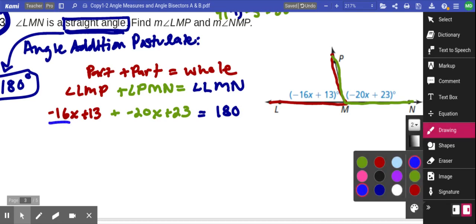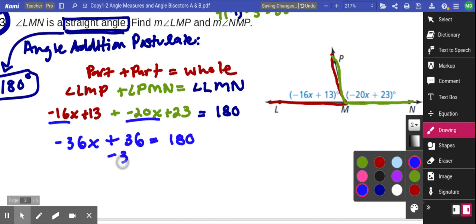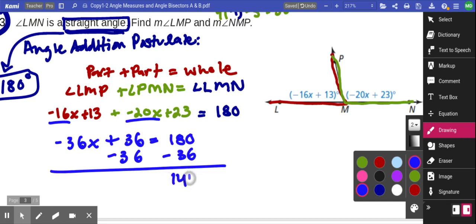Let's go ahead and combine like terms. We're going to get negative 36x plus 36 is equal to 180. 180 minus 36 gives us 144.